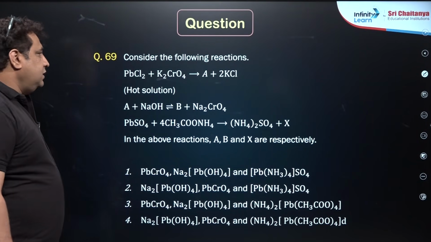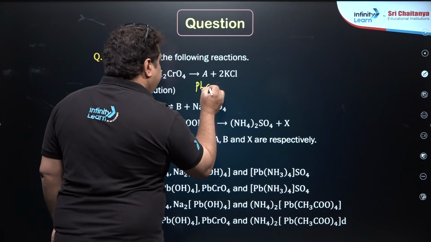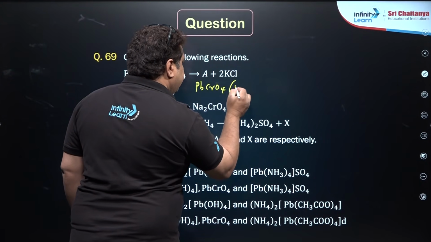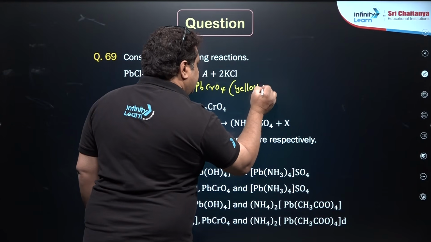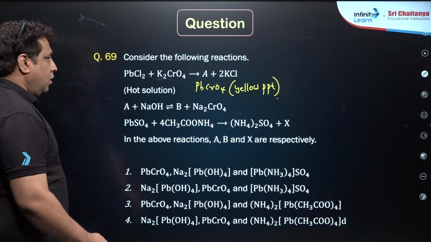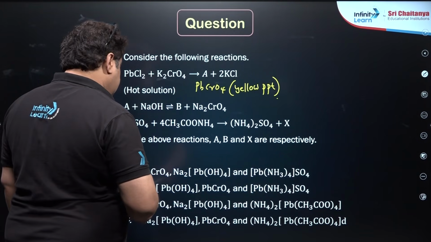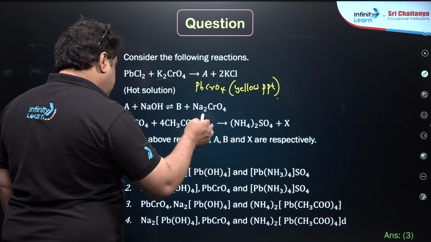This is a very easy question, dear students. Lead chloride and potassium dichromate give PbCrO4, which is the very famous yellow precipitate we do in salt analysis. This compound A on sodium hydroxide produces the corresponding compound.